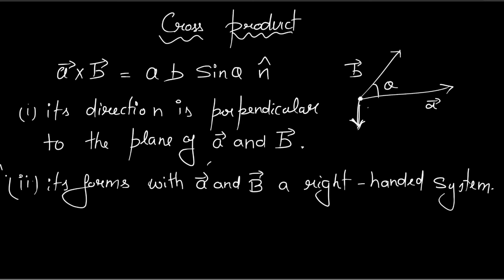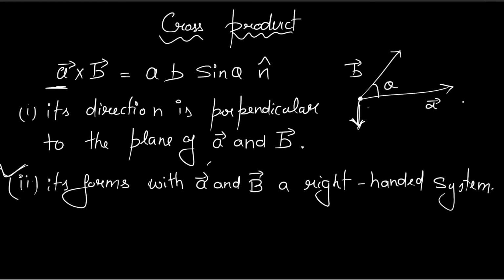Basically, to find out the direction, we are going to use the right hand rule. Take the fingers of your right hand along the A vector, and then curl your fingers to the B vector, because they are in the same plane.